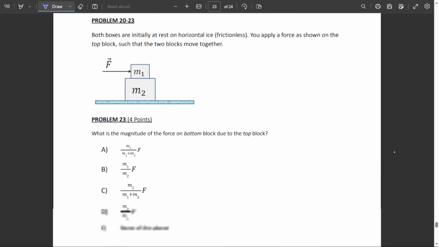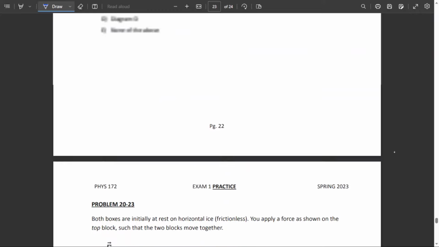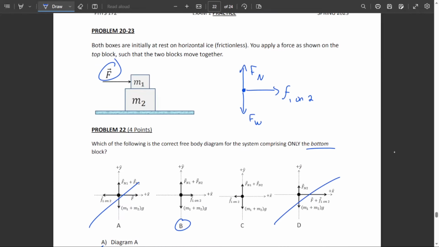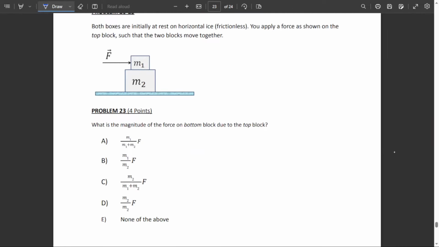Alright, last question. What is the magnitude of the force on the bottom block due to the top block? So it wants us to calculate this. Similarly, F_N and F_W are going to cancel out. So let me just write that out.